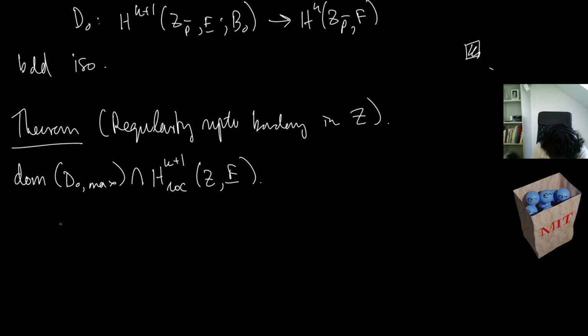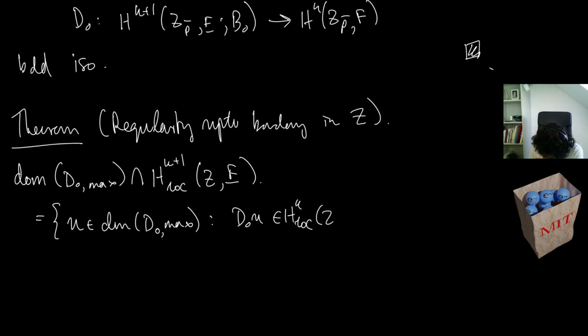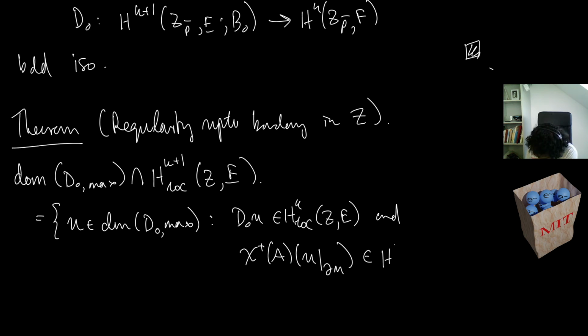This is equal to the set of u in dom D_0,max such that D_0 u is in H^k_loc(Z; E), and we want χ₊(A(u|∂)), the restriction of u to the boundary, to be now in H^{k+1/2}. So all of the regularity comes from the positive part of the spectrum, right?